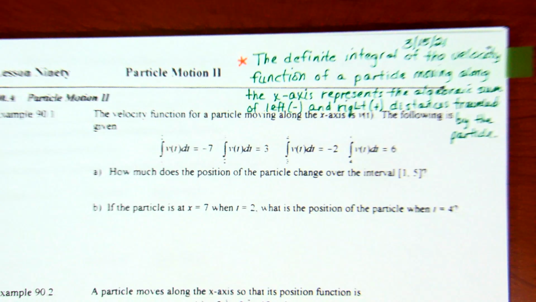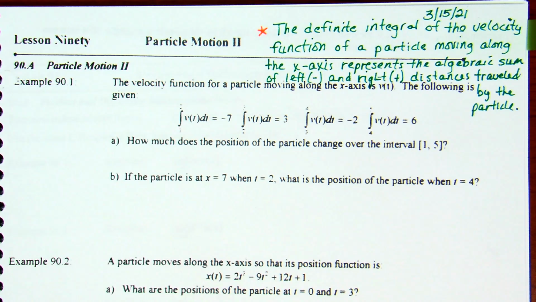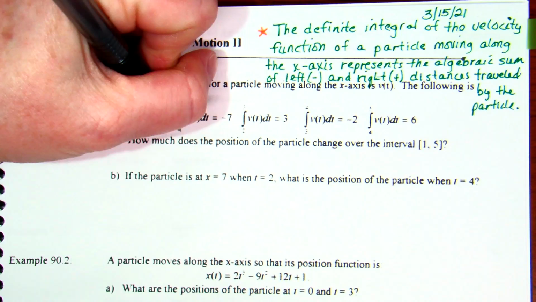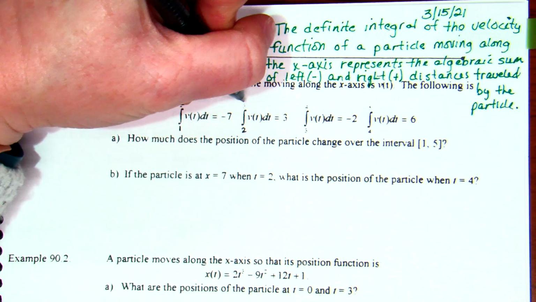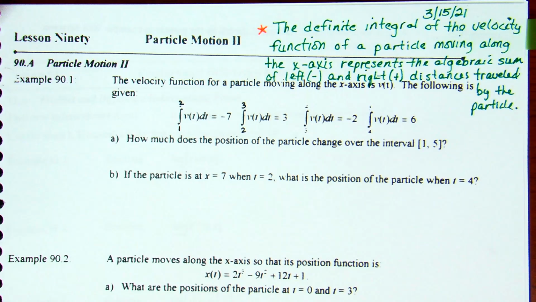Now, as we look at example 1 here, the velocity function for a particle moving along the x-axis is v of t. The following is given. The integral of v of t from 1 to 2 is negative 7. The integral from 2 to 3 of v of t is 3.